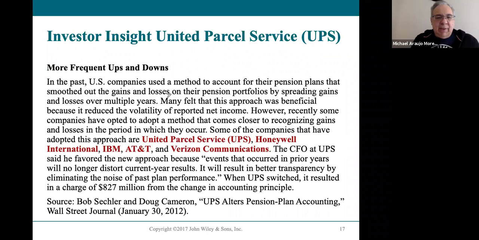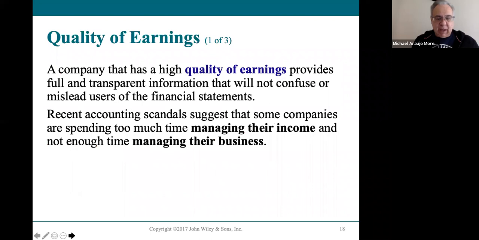Again, there are some interesting stories here about how companies have adopted approaches for gains or losses on their pension plans and other things like this, and how it resulted in expenses. What companies really need to focus on, and what you are learning a little bit about, is companies should do their best to highlight their quality of earnings.